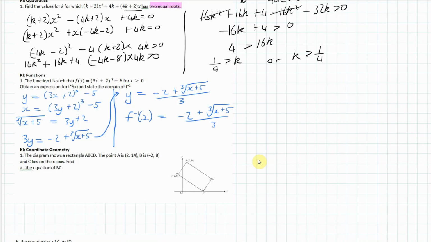And the last thing we had to do is state the domain. So the domain is going to be equal to the range of the original function. So if you look at the original function, you can see that the lowest value it has is going to be when x is equal to 0.